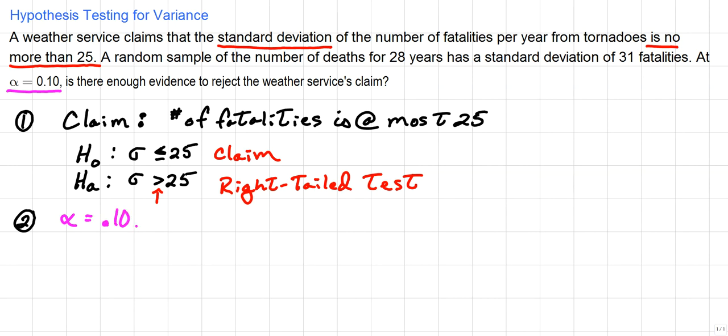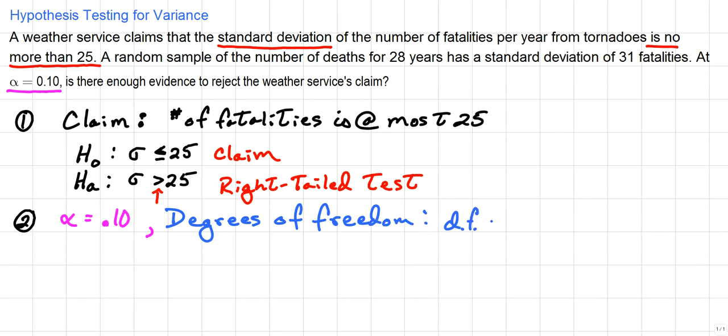And then we're going to talk about the degrees of freedom. Well, for degrees of freedom, we're going to use this simple formula, df is equal to n minus 1. Remembering that n is going to be equal to the number in the sample space.